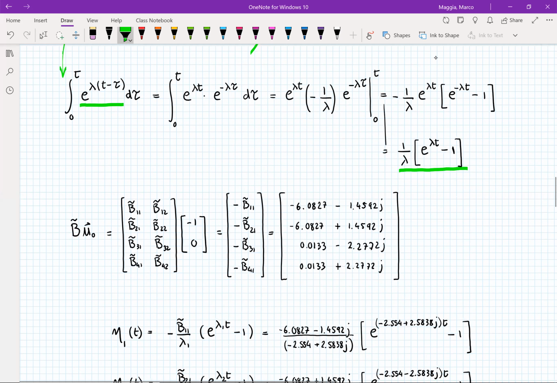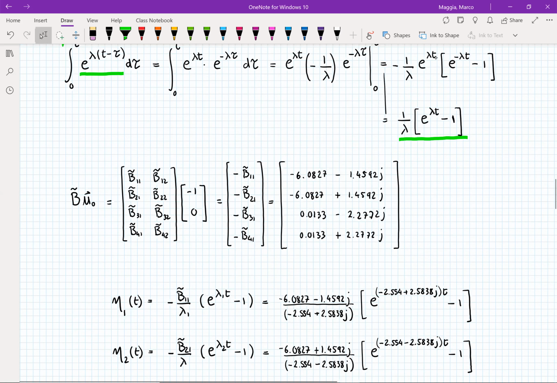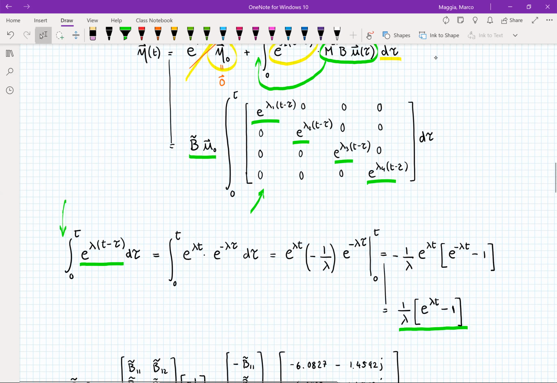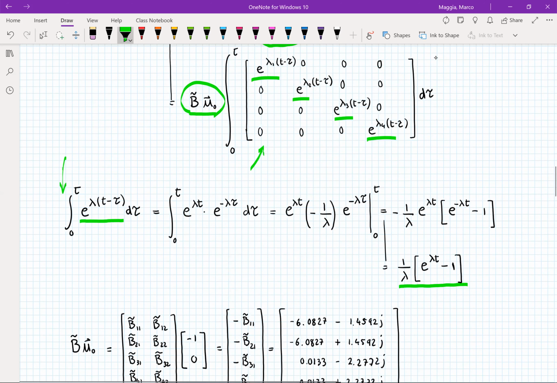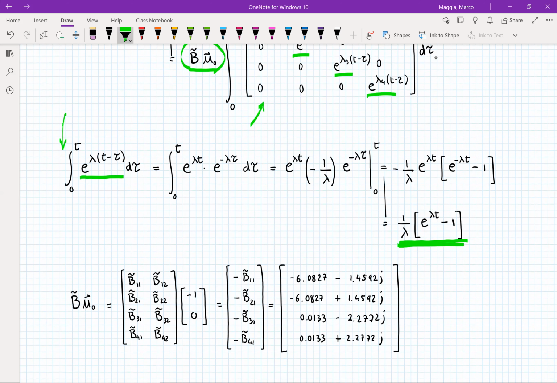All right, so we pretty much have everything, because again, the first term goes to 0, and then the second term involving the integral has a bunch of stuff that are constant, and then the integral of the matrix is just the integral of these 4 diagonal elements, which turn out to be 1 over lambda times (e to the power of lambda t, minus 1).